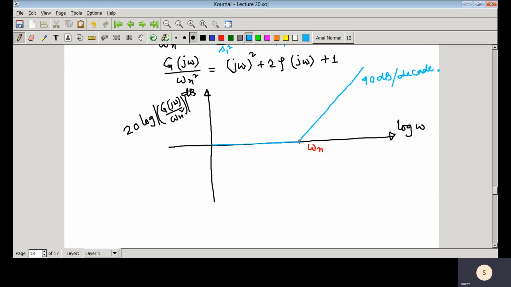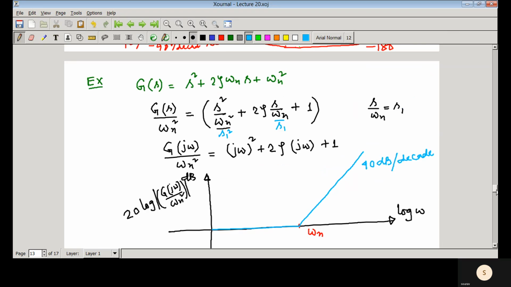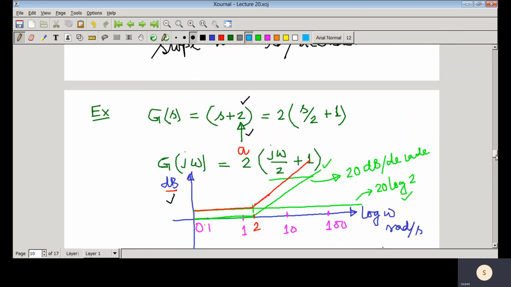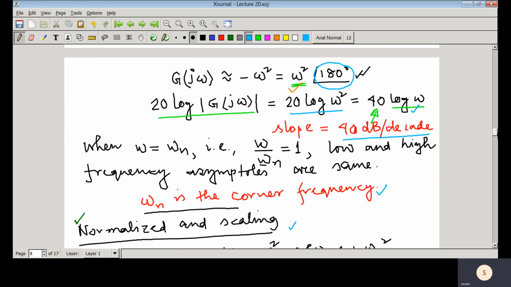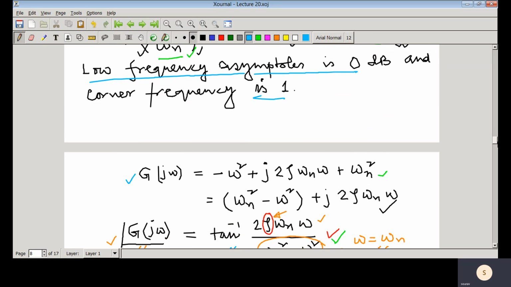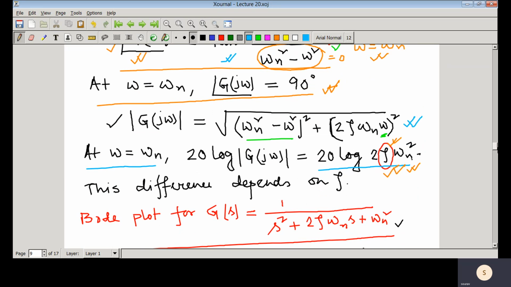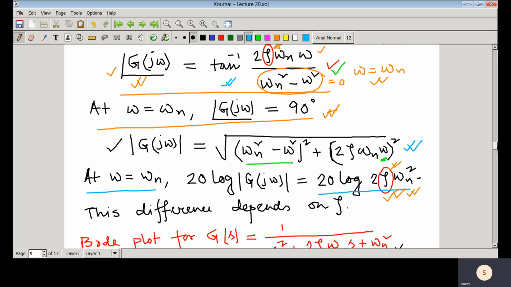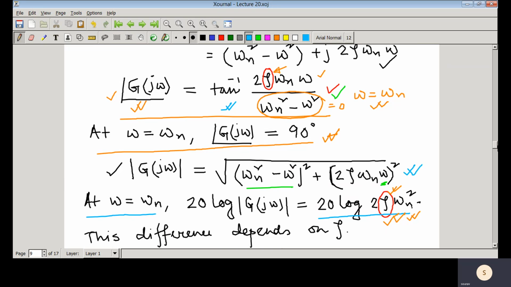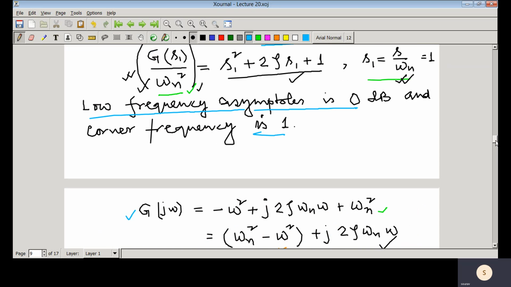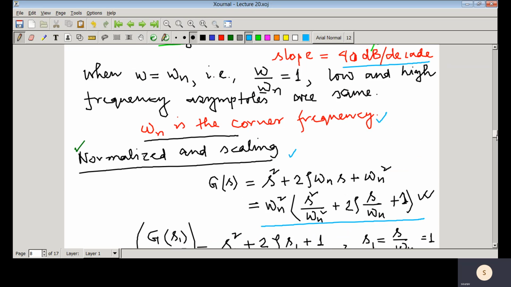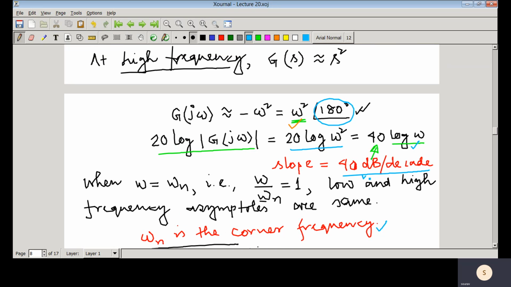We have seen that if we have a factor like s plus a, it is 20 dB per decade, but if you have a second order term, it is 40 dB per decade. And at the natural frequency, at omega equal to omega n, at the corner frequency, the angle would be 90 degrees.